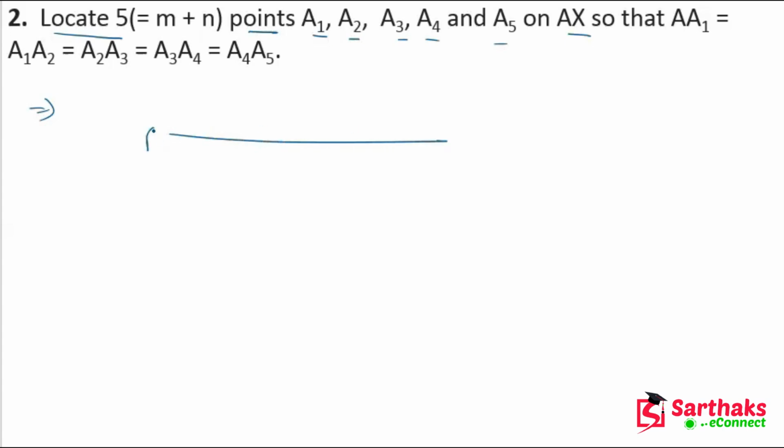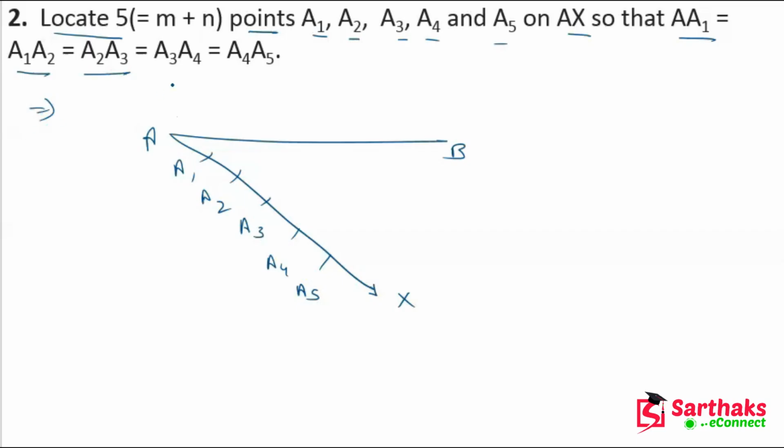This is AB and this is AX. A1, A2, A3, A4 and this is A5, and A1A2 is equal to A2A3 is equal to A3A4 is equal to A4A5. So these are at equal distance.